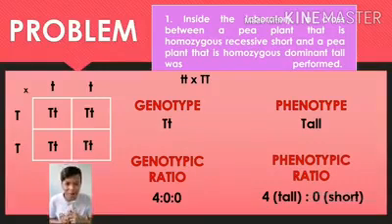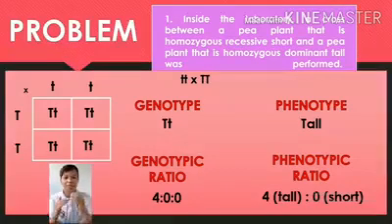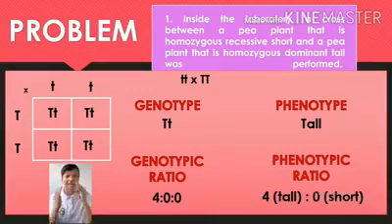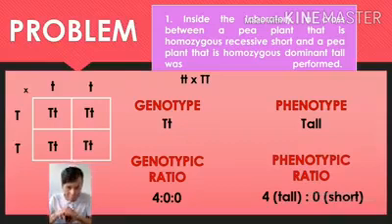Only then will the recessive trait show, according to the law of dominance. The recessive trait only shows when there is no dominant allele with it, because again, the dominant allele will cover up the recessive allele.